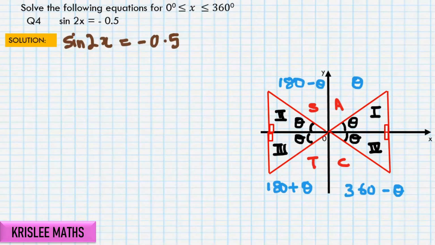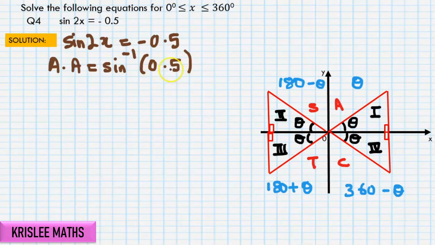Okay, question 4. Sine 2x equals negative 0.5. So let's find the acute angle. So in order to find the acute angle, you have to shift sine, and you must use the positive value 0.5 in order to obtain the acute angle, and you will obtain 30 degrees as the acute angle theta.